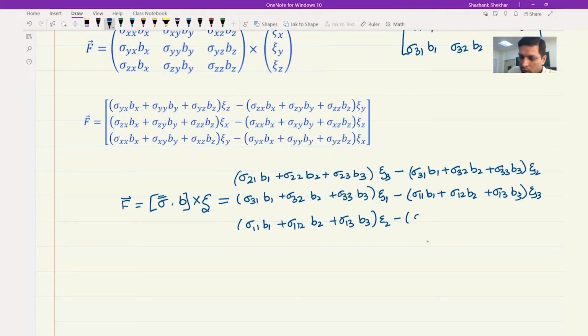And this last one is sigma 21 b1 plus sigma 22 b2 plus sigma 23 b3. So this is the overall quantity.